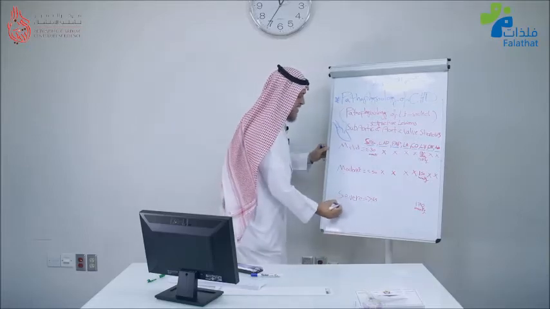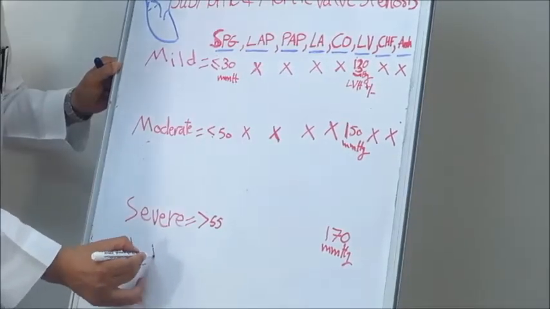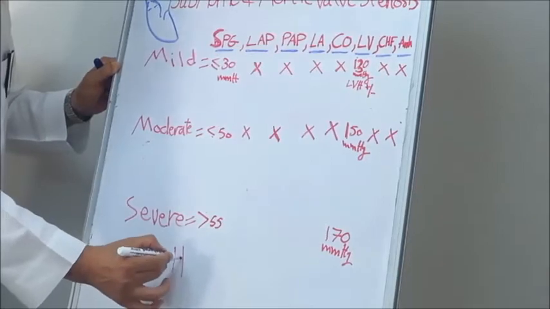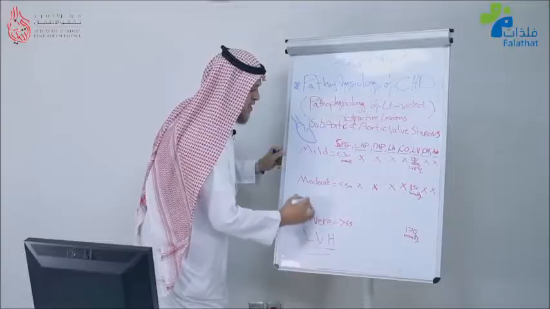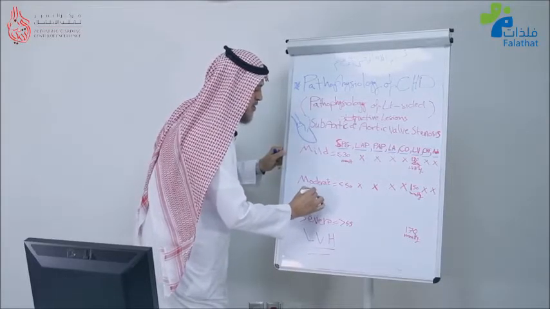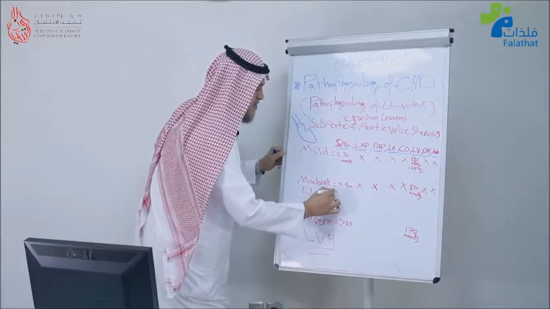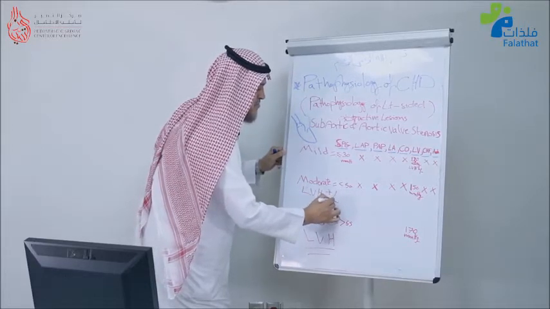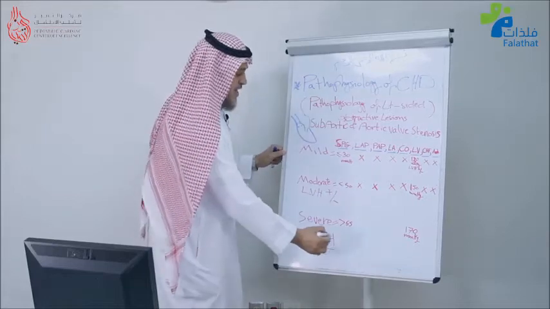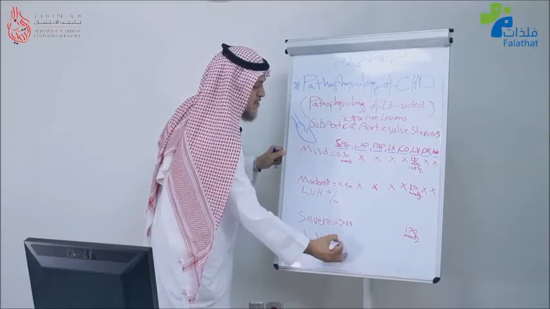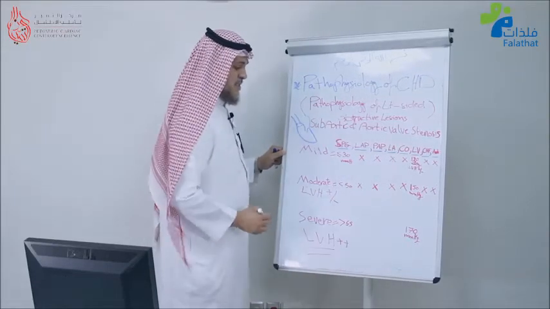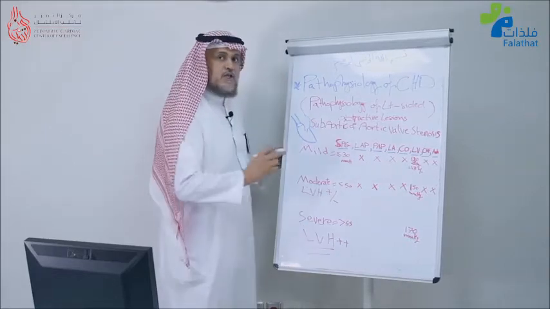So we will see LVH for sure. Here LVH is a plus minus 50-50, but here LVH is a plus, maybe plus plus. So very highly likely to happen.